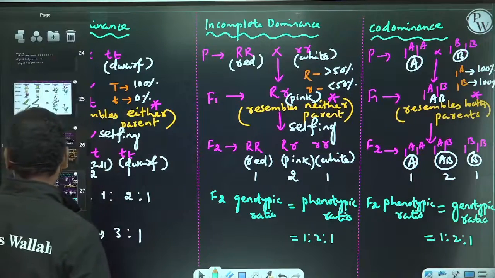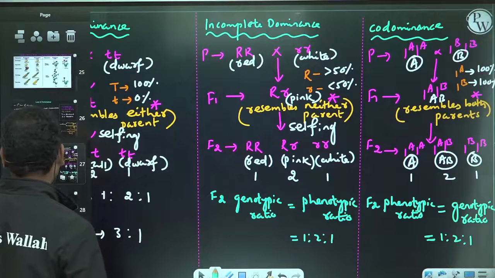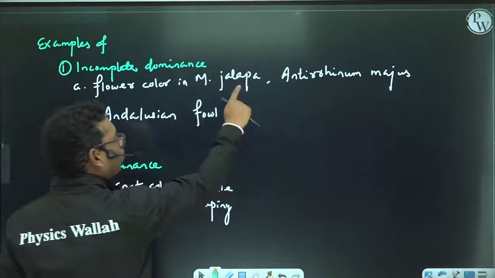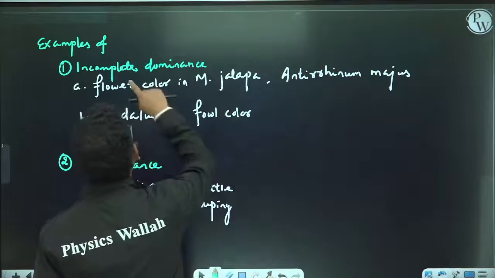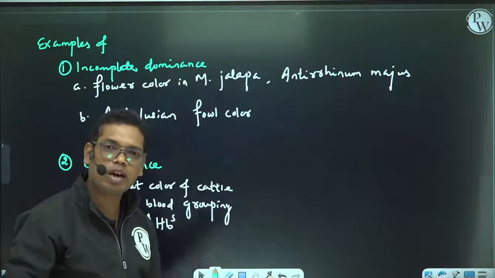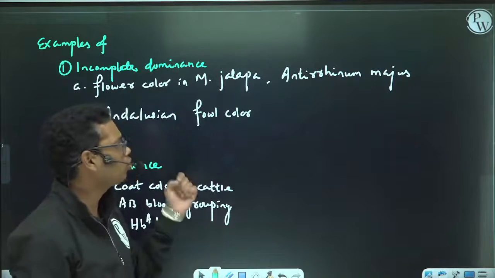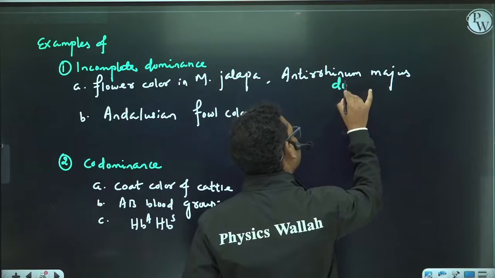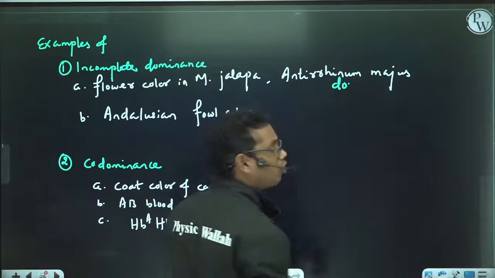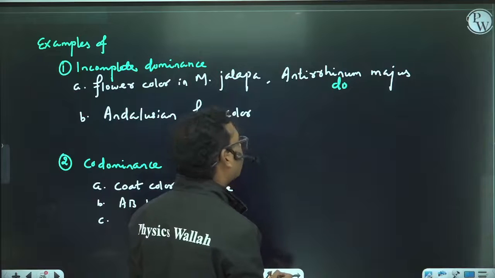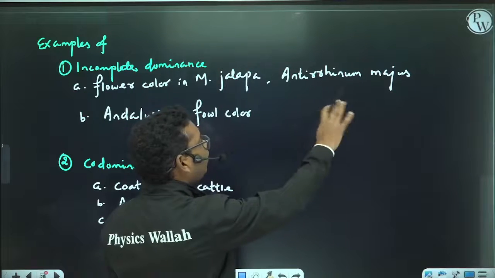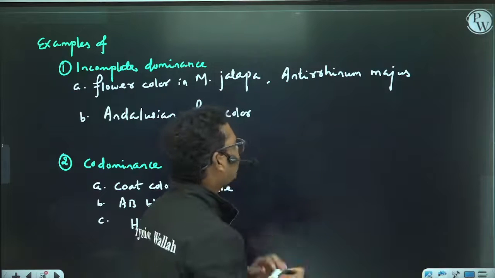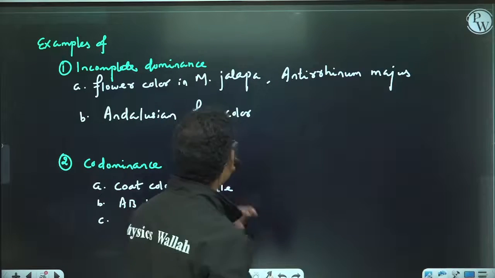Now let me give you some more examples of incomplete dominance and codominance. In case of Mirabilis jalapa, the flower color is controlled by one gene that will be having two alleles, capital R, small r. They show incomplete dominance. In case of dog flower, which is also known as antirrhinum, the flower color is also controlled by one gene, and that also shows incomplete dominance.